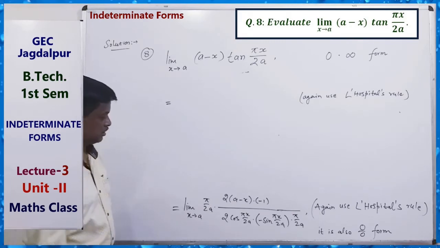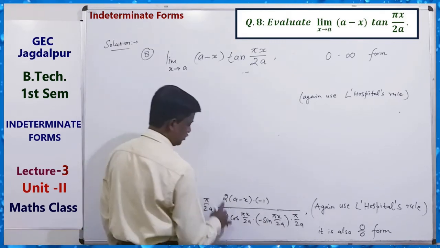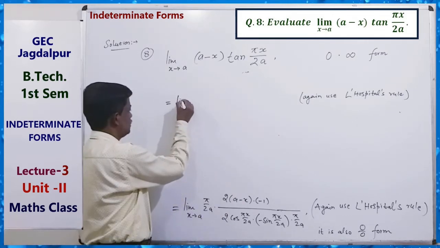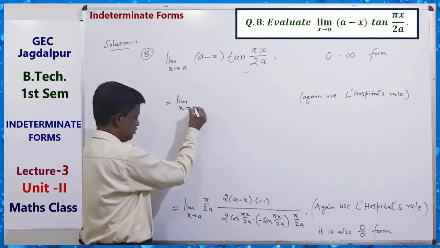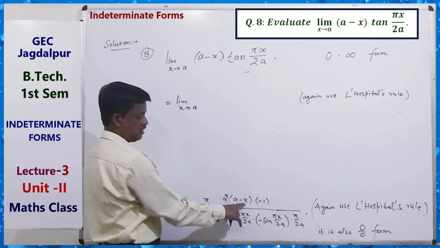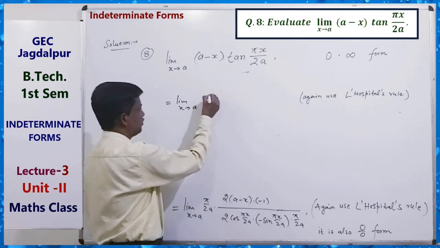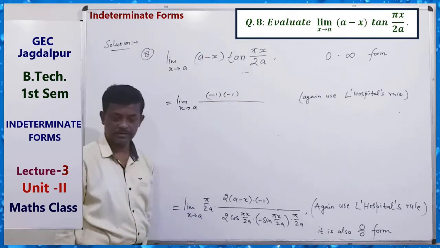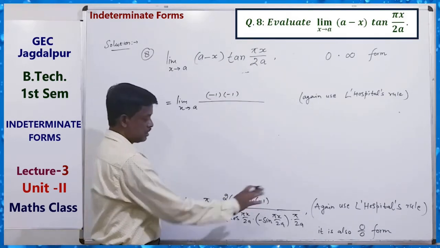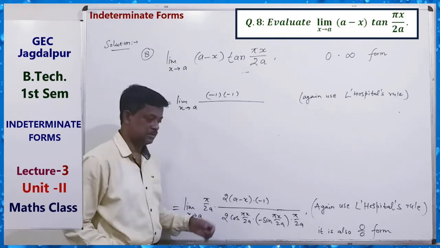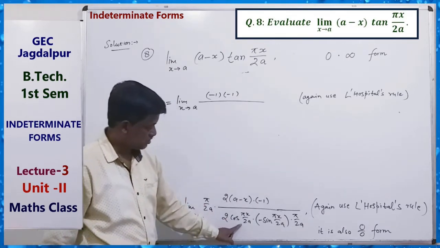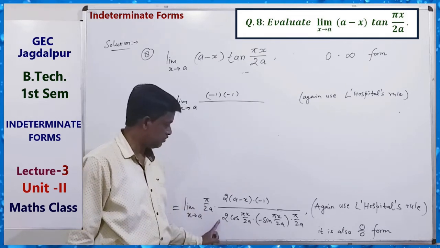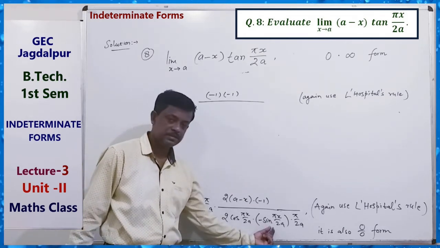Here, just this cancels, here 2 cancels, just a minus x means x minus a, just differentiate it. x tending to a, minus x minus. So, minus 1 into minus 1 upon 2, this cancels. So, here, just the first minus sign is there. So, minus of this into this.